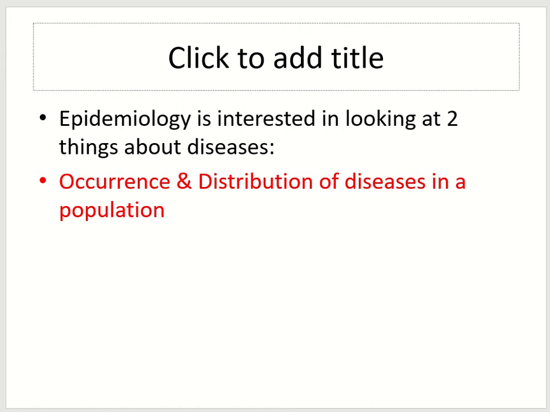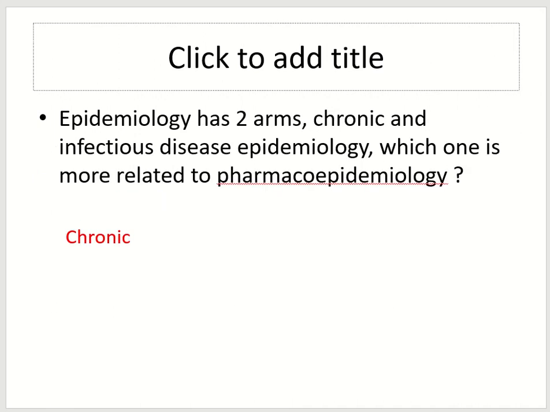So for example, why a certain person is at higher risk of a certain disease than other people. While epidemiology is more related to diseases, its utilization in pharmacology, and therefore pharmacoepidemiology, is going to be tied more to things related to drugs.